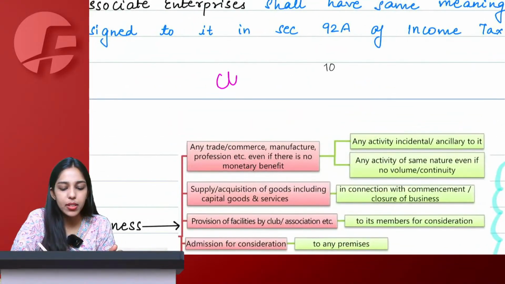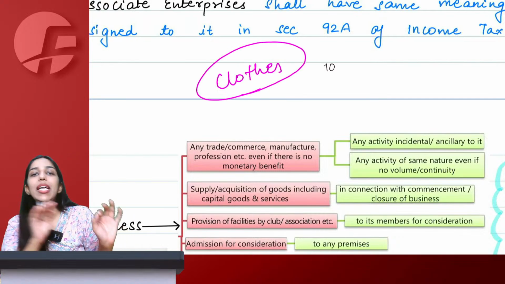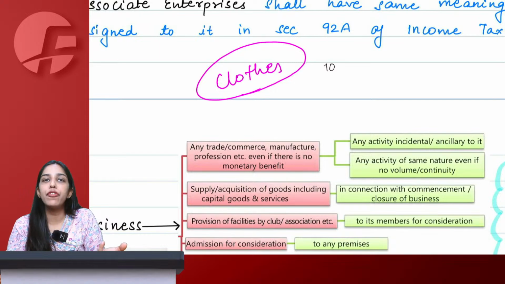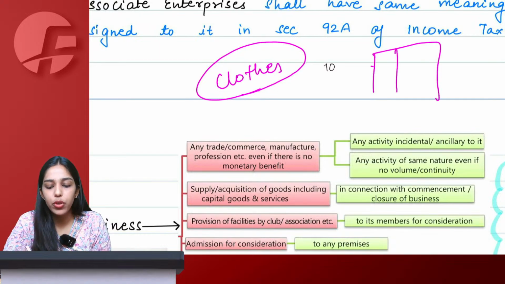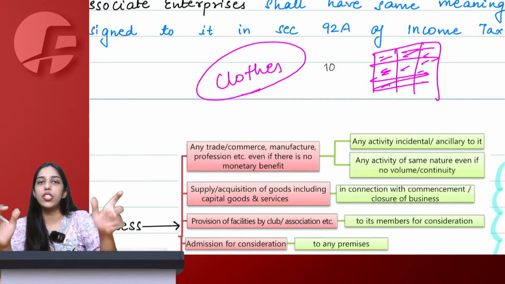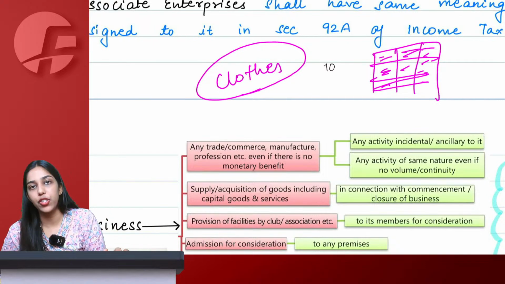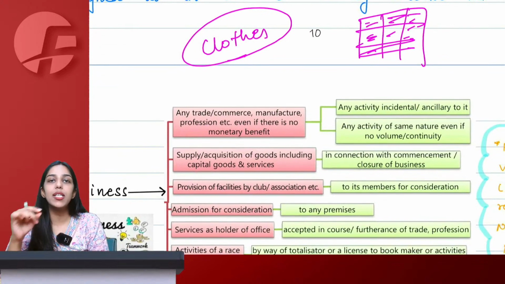Let's say my business is to trade in clothes. But to keep the clothes, I would be requiring some kind of a furniture. So I, let's say, purchased wooden racks so that here I can keep my clothes, and whenever customer comes, I can just take out the clothes from furniture and show. So my business is not to purchase or sell furniture. My business is to purchase and sell clothes.